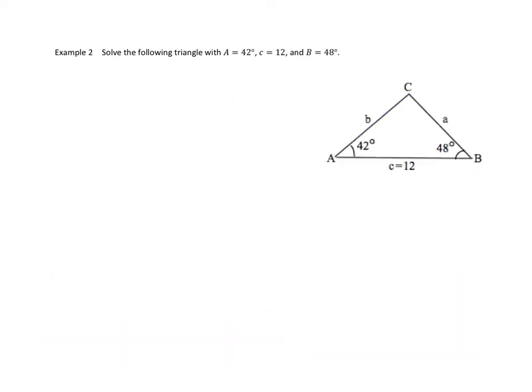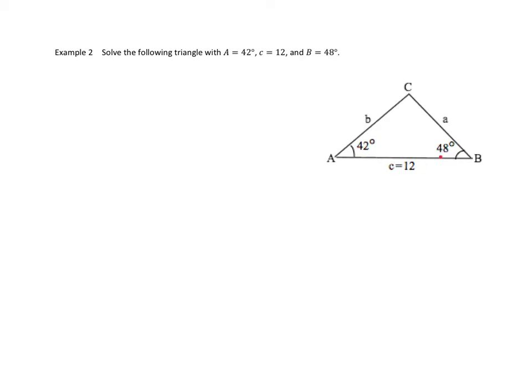Let's use the law of sines to solve this triangle and see if it's possible. As I mentioned in the previous example, I think we can refer to this case by the information given. Like here we're given an angle, a side, and an angle. And the setup was different than in example 1. Here, the side this time is actually between the two angles.